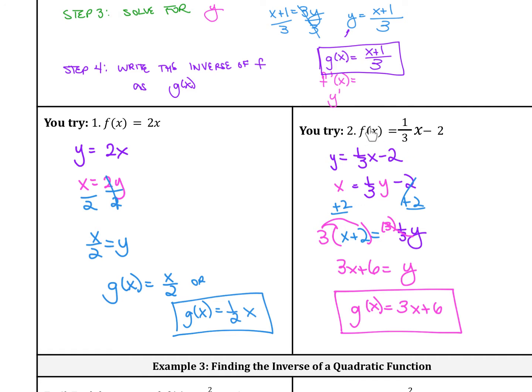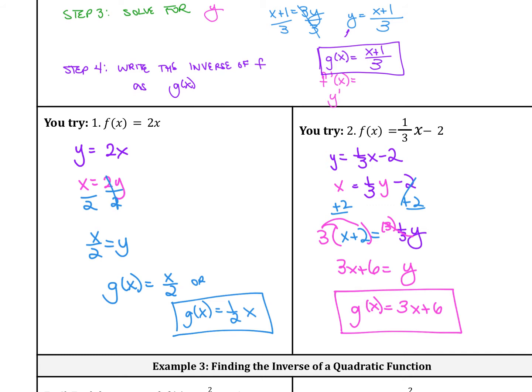Number 2, you change f of x to y, switch the roles, then you add 2 to both sides. We get x plus 2 equals 1/3 y. Now in order to get rid of that 1/3, we're going to multiply by 3 on both sides. It's really important when you do that to put parentheses here because you're multiplying it to the entire thing.